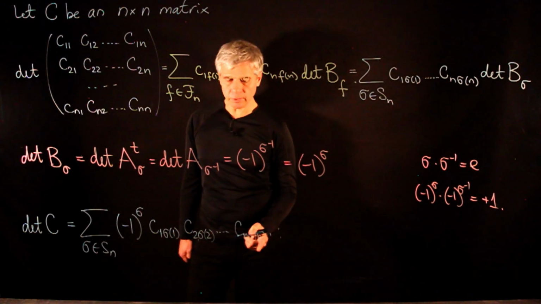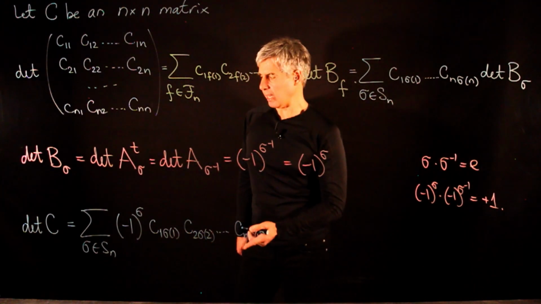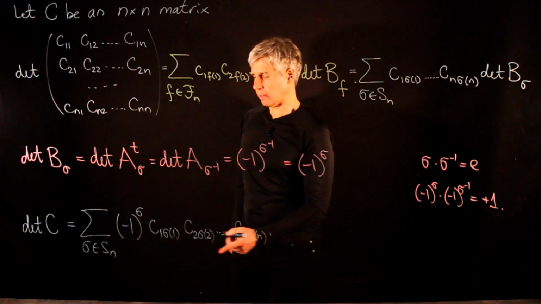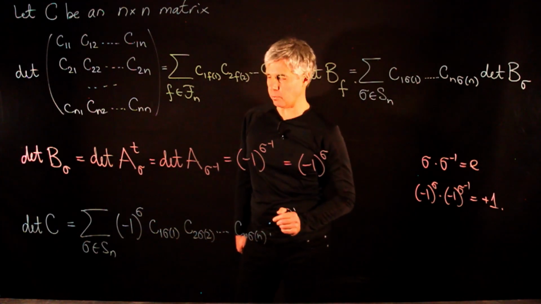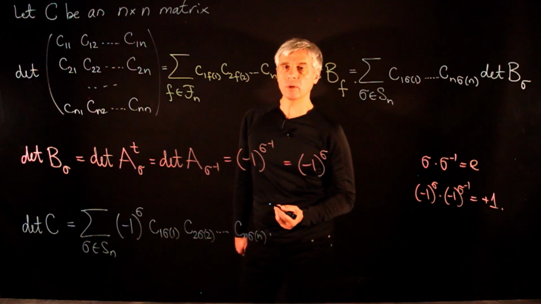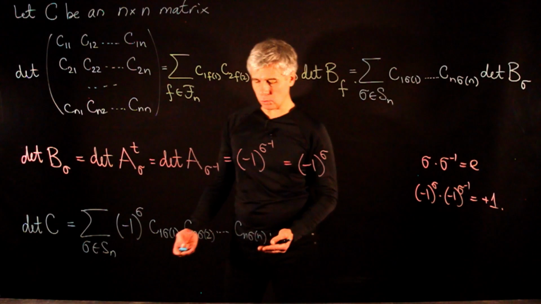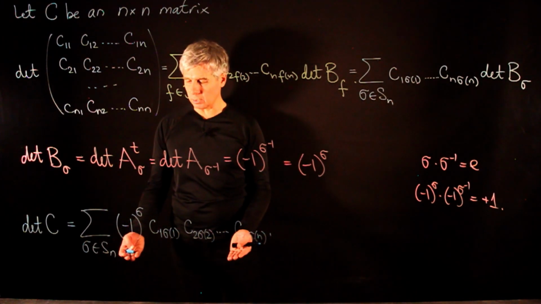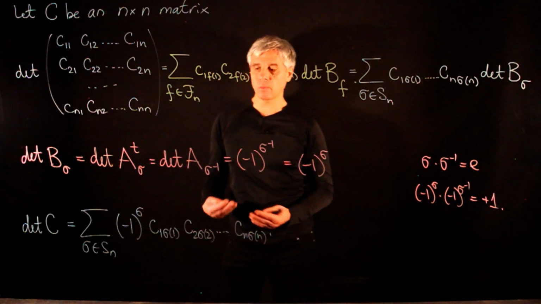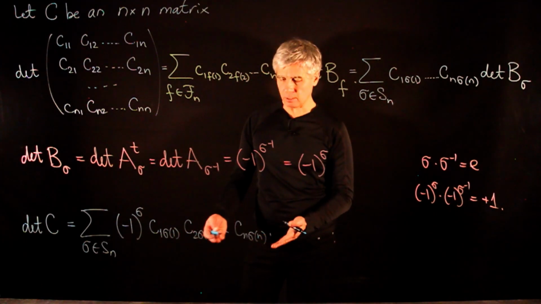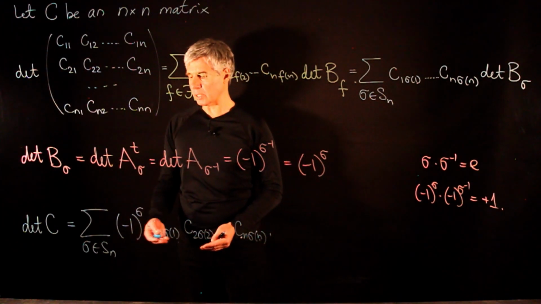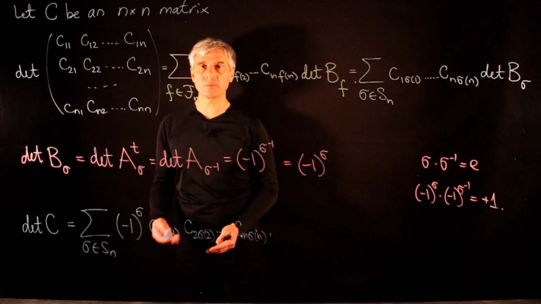So what we proved is that if we have a well-defined function of the determinant, then this function must be given by this formula. Now we're going to assume this as a new definition of the determinant. And we're going to show that this function satisfies all the properties of the determinant that we wanted.